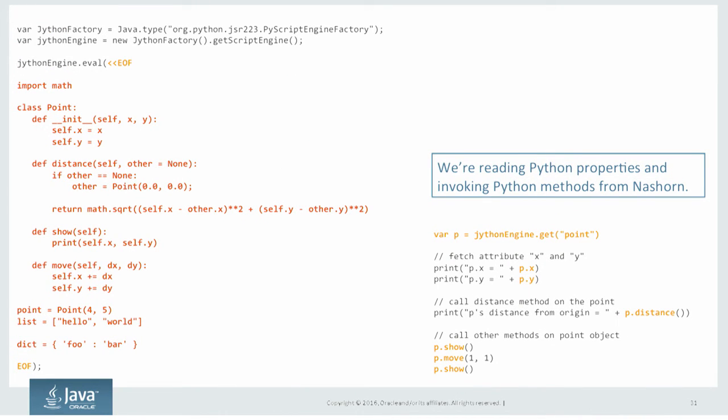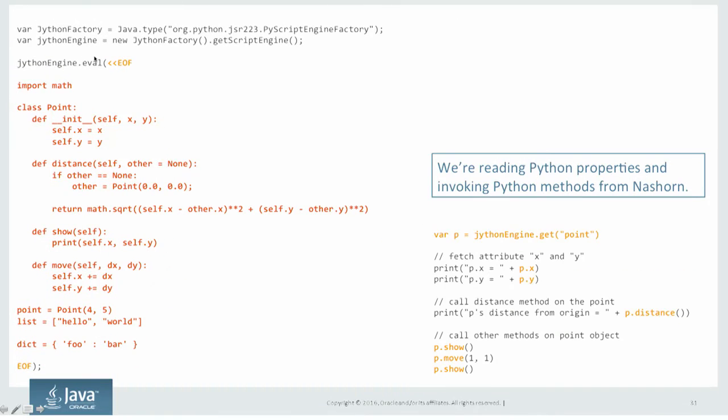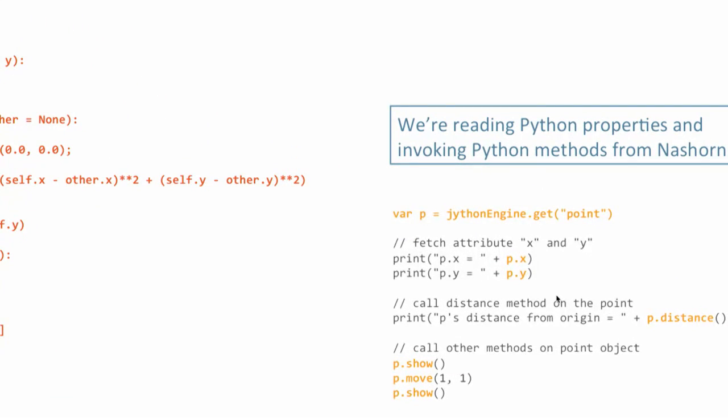So what we do here is we send an entire chunk of Python code to the eval method of a Jython engine. What we do next is we get some data from this Jython engine and then, all in JavaScript, access some of the properties on that point object and invoke some methods on it.